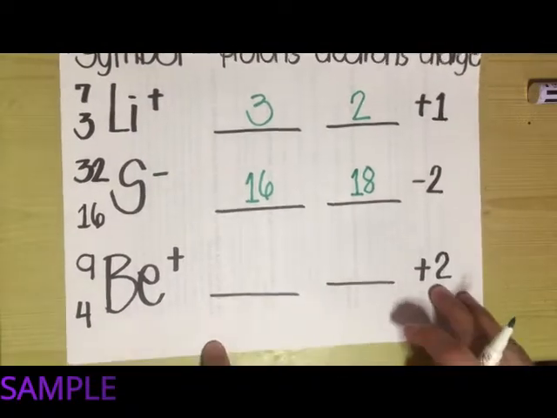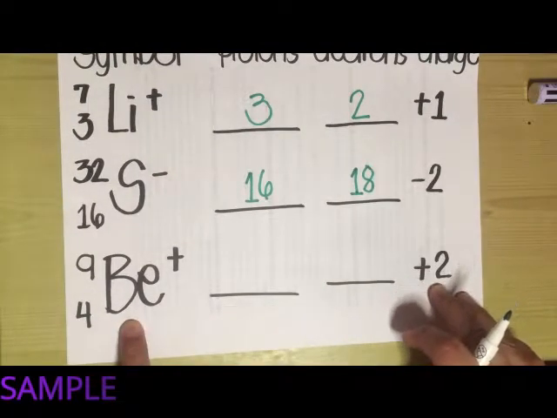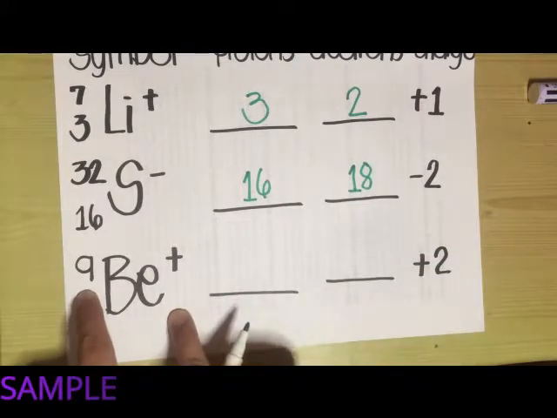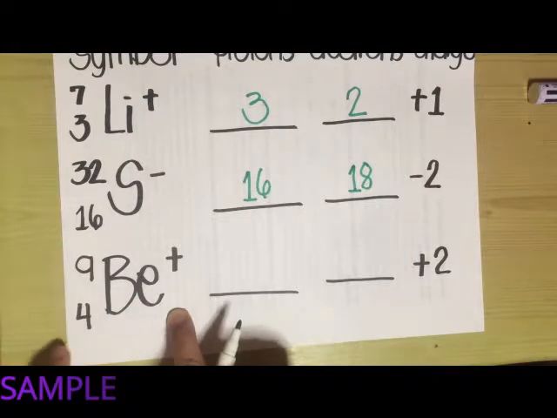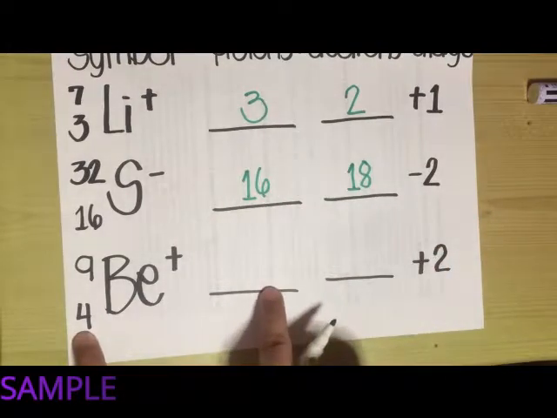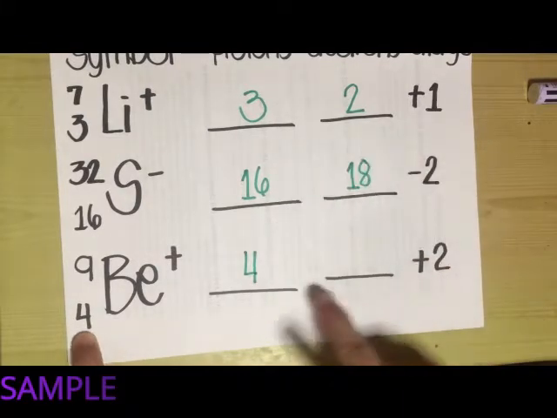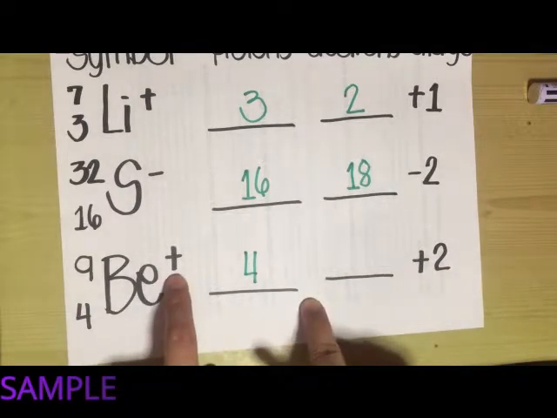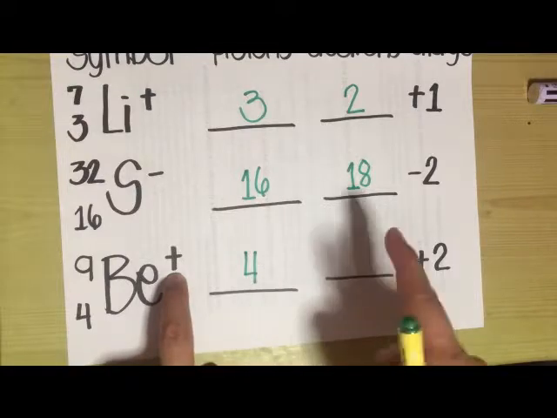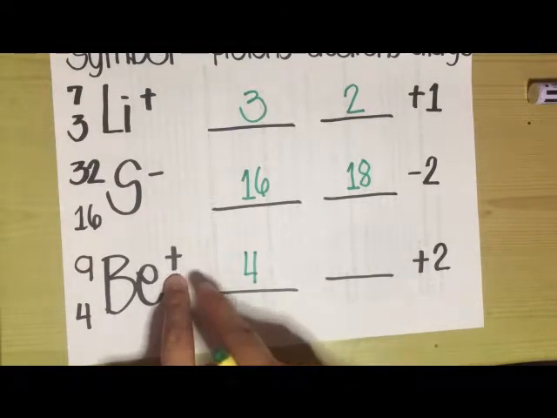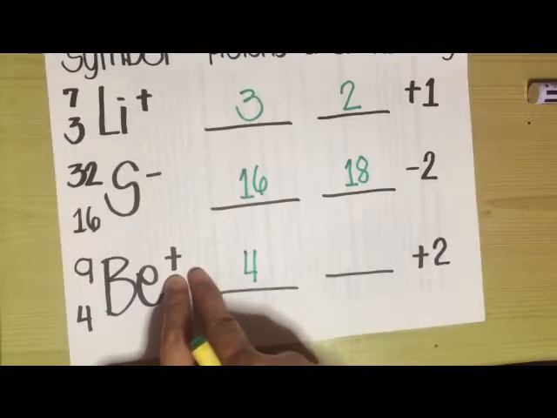Okay? Mas madali ba? Next one is beryllium. Okay, so beryllium, atomic number is 4. 9 is the atomic mass. So, what is the number of proton? Number of proton is, again, equal to the atomic number. So, 4. Now, ang charge niya ay positive. So, maglo-lose ba siya or mag-gain? Madadagdagan ba siya o mababawasan? Again, kapag positive, nababawasan.